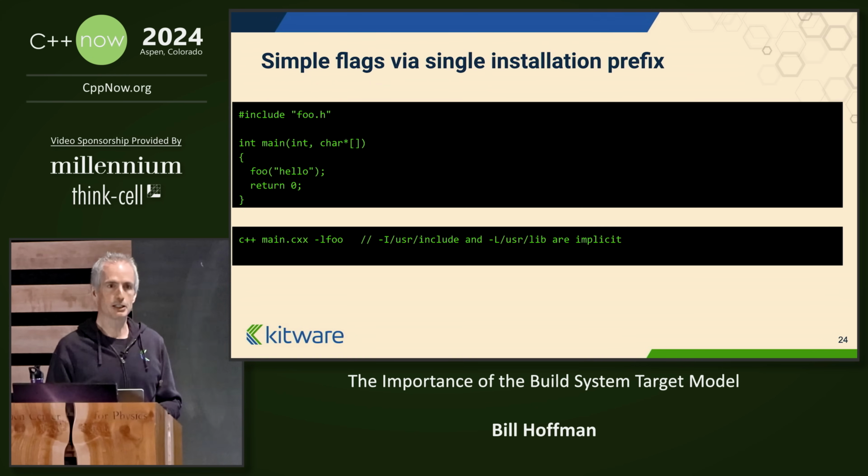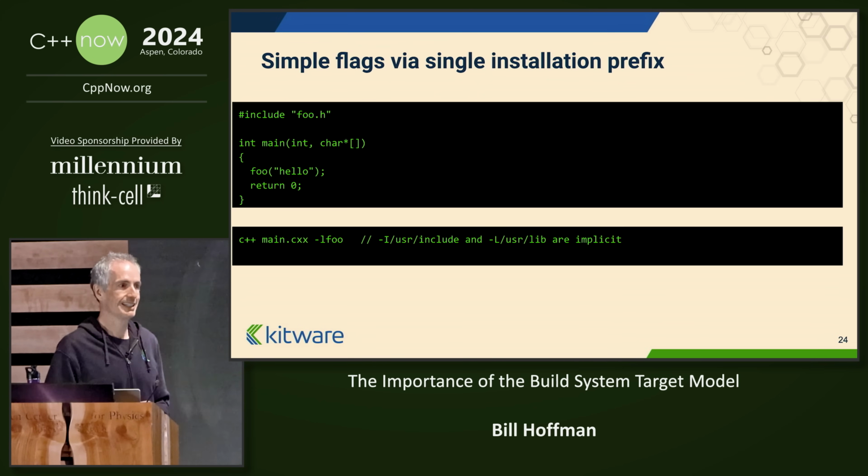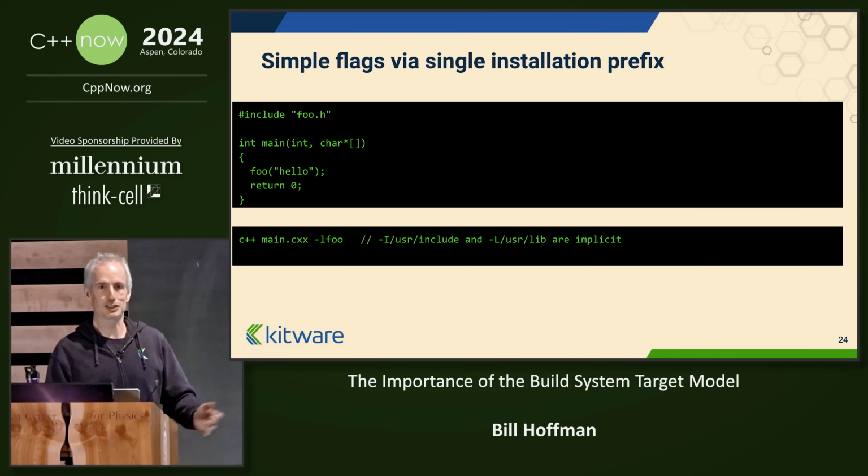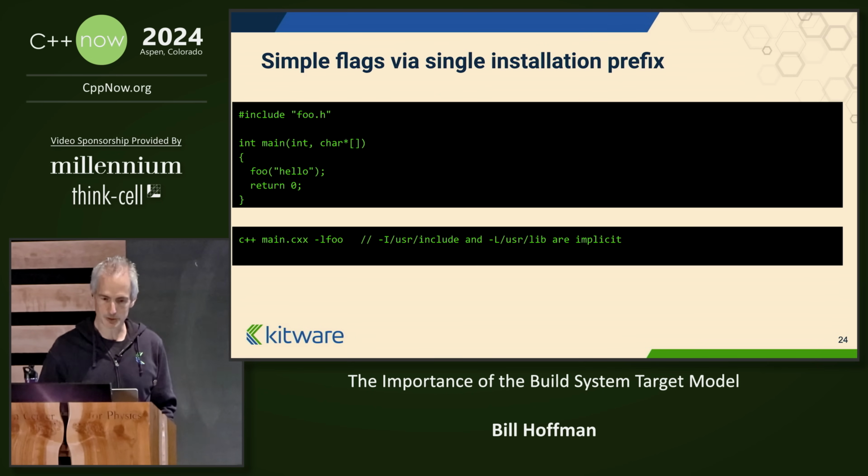And a lot of Unix development happened like this for years. And it was okay as long as you're using system libraries. But as developers started adding more libraries and building up their ecosystems, this kind of breaks down. And it doesn't work unless everything's installed into the system, and then there's all kinds of troubles with that.